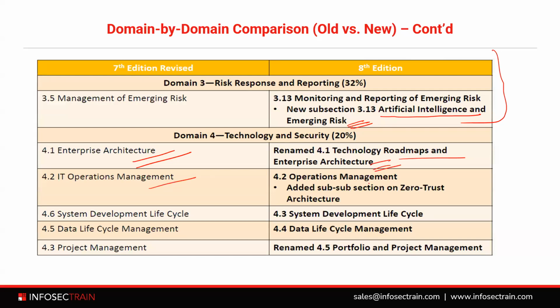A new subsection has been added on zero trust architecture. 4.6, system development lifecycle, is now 4.3. Earlier, data lifecycle management was 4.5, now it is 4.4. Earlier, in the 7th edition, 4.3, project management, has been renamed as section number 4.5, portfolio and project management.